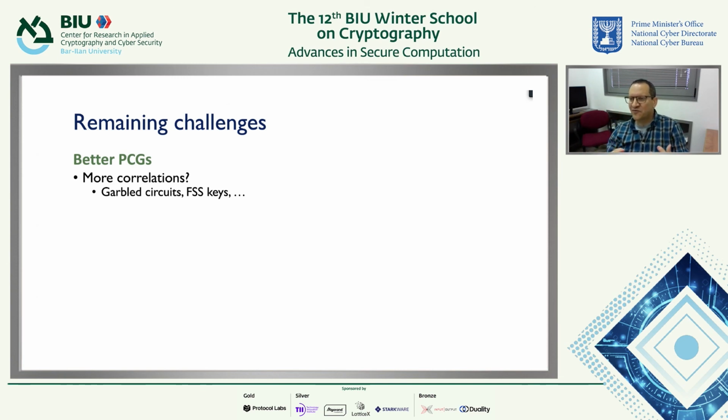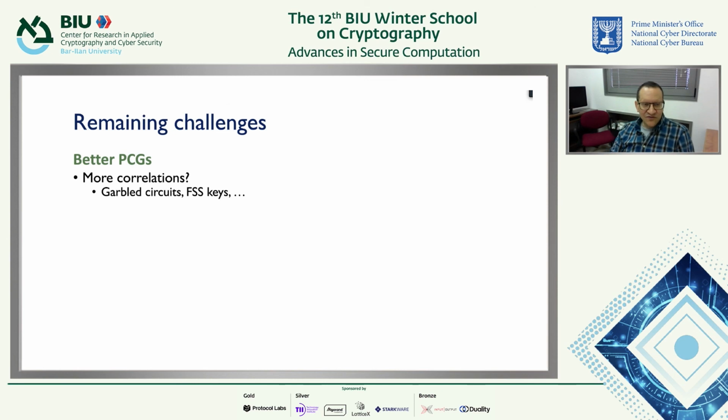We can compress a single big truth table correlation, but we don't know how to compress many truth table correlations or many FSS keys, that we can use for FSS gates of the type, say, computing a ReLU gate for neural net computation, right? We really want to compress many of these FSS correlations that enable us to do fast ReLU, but we don't know how to do it without relying on iO, in fact.